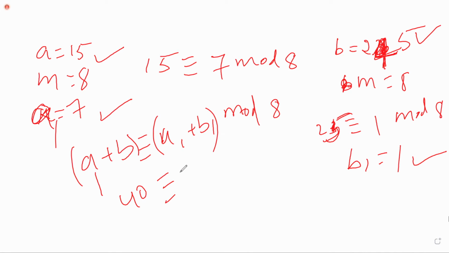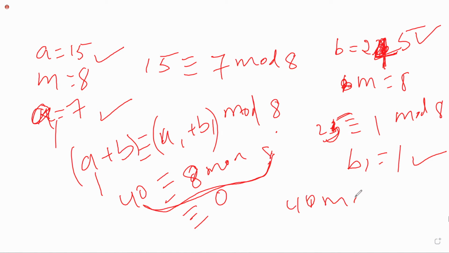That is A1 is 7, B1 is 1, so total 8. So 8 mod 8 is nothing but what? We'll get 0 only. Anyway, so 40 mod 8 is 0. So that is 40 is congruently equivalent to 8 mod 8.